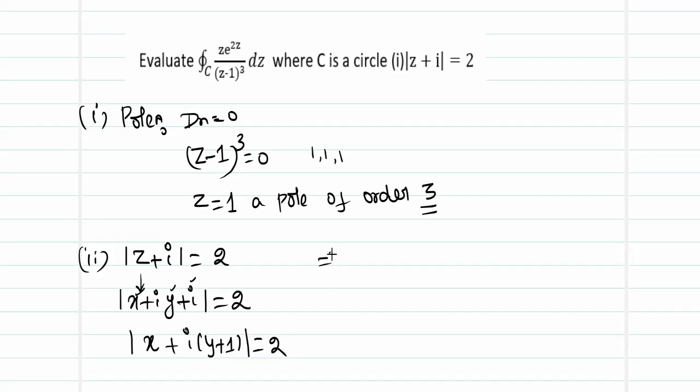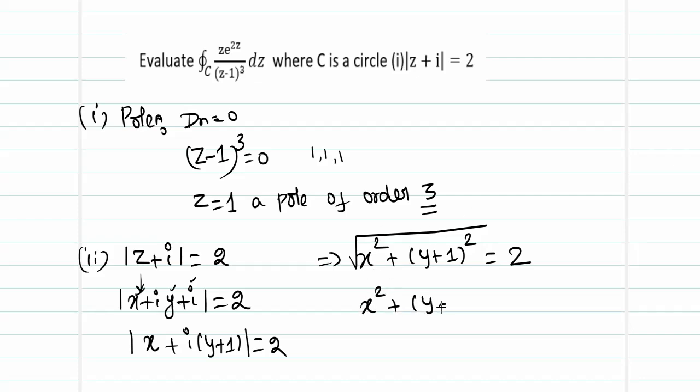Now the modulus gives me the square root of x square plus (y plus 1) the whole square equal to 2. Now I can remove the square root by squaring on both sides. So I have x square plus (y plus 1) the whole square equal to 2 square.